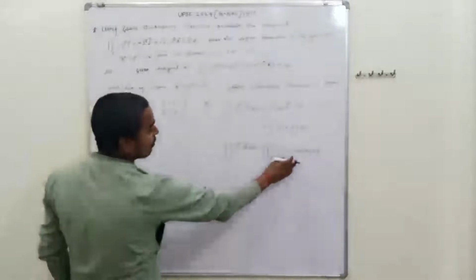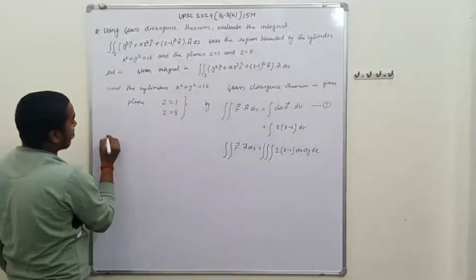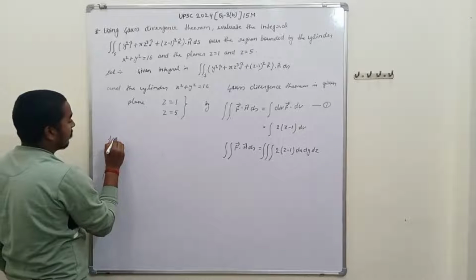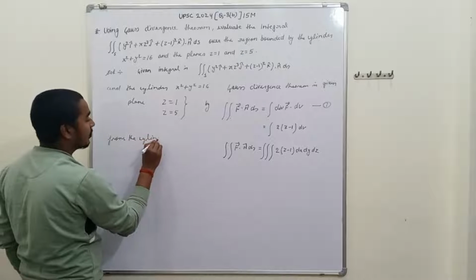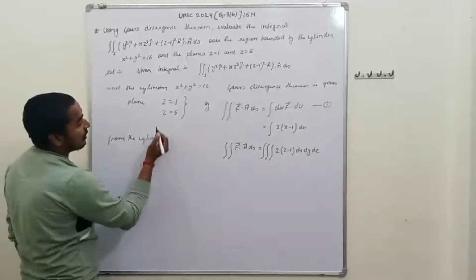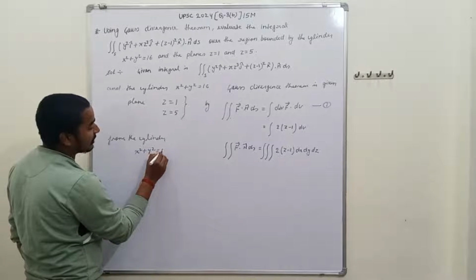We have to put the limits of x, y, and z, and from the cylinder we find the limit of x. That is, x square plus y square is equal to 16.